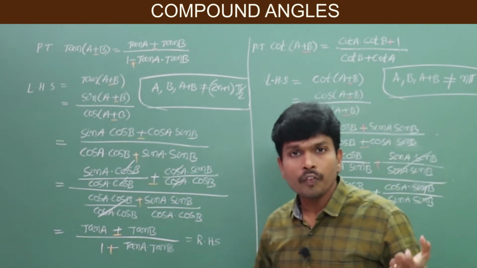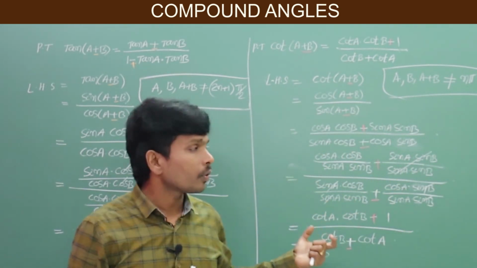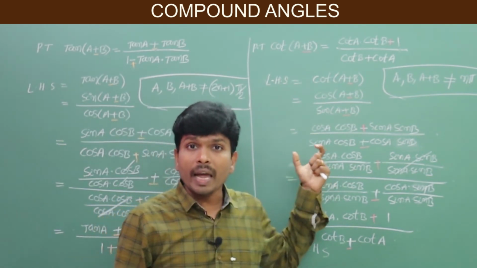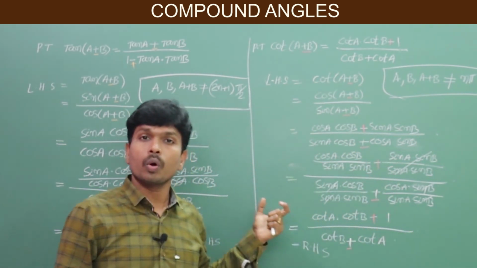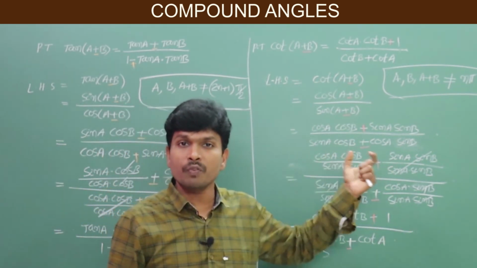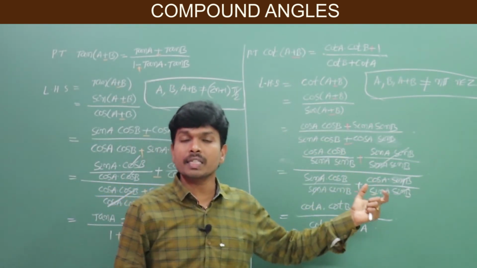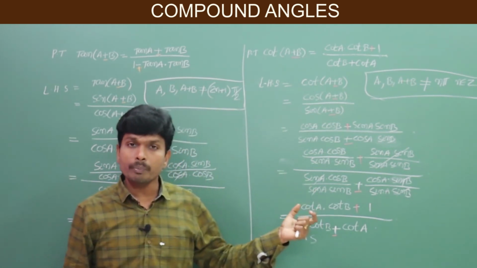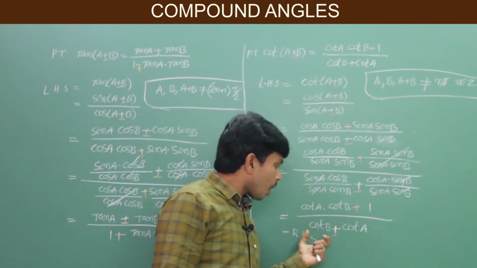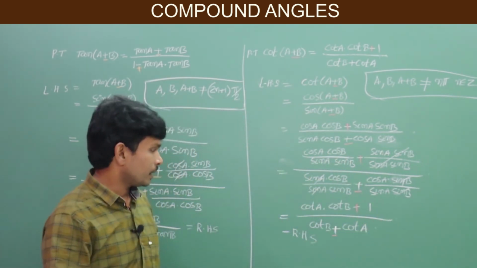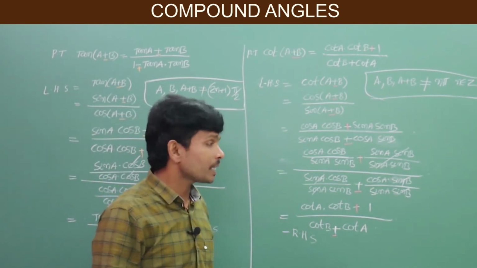So the cot of a minus b formula is equal to cot a cot b plus 1 by cot b minus cot a. And what is the condition?